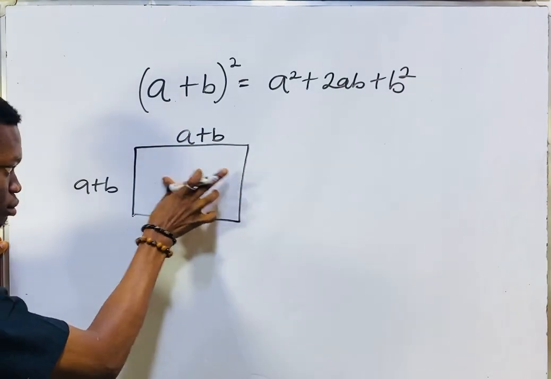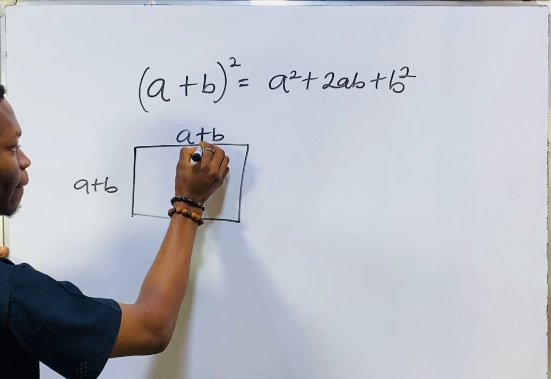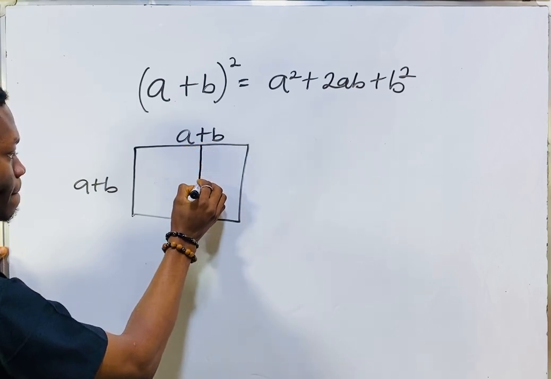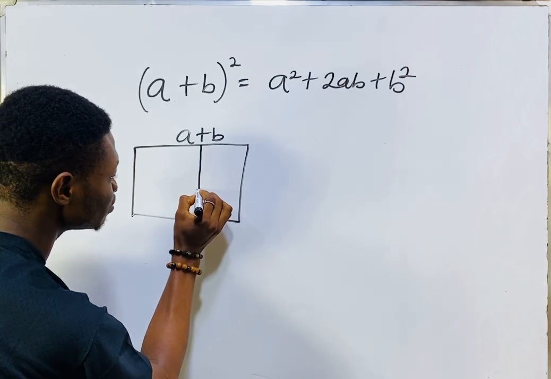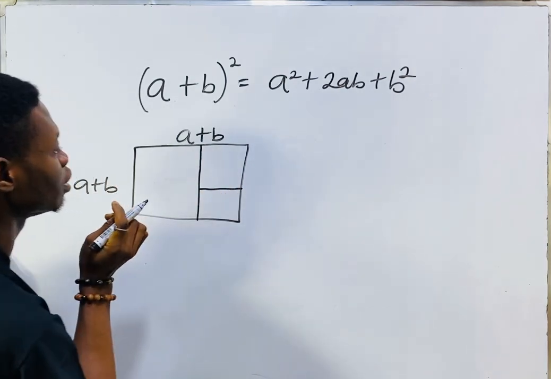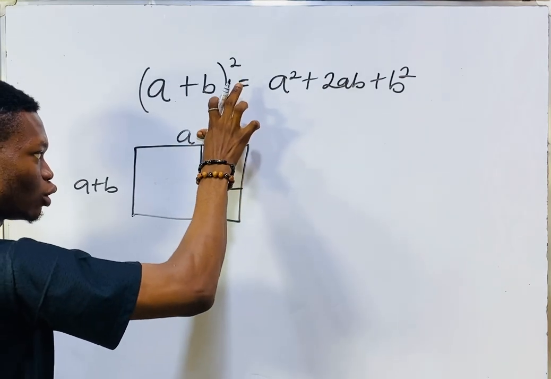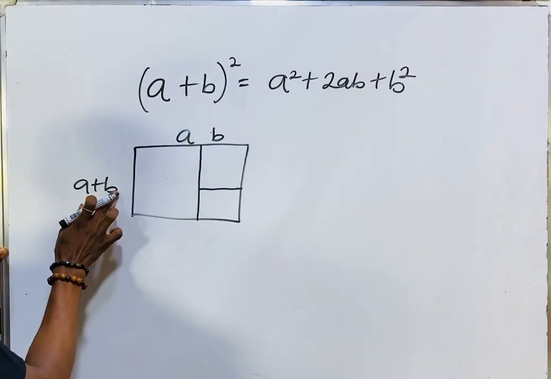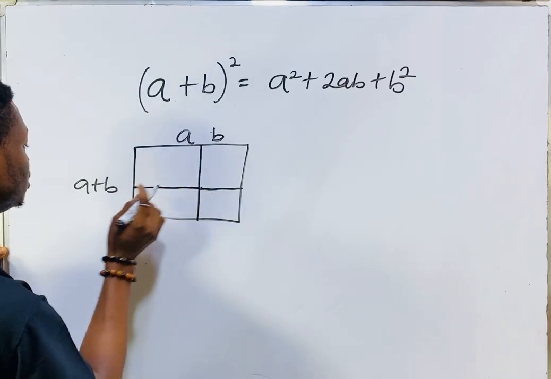Now, if I draw a perpendicular, now I have something like a square here. So when I draw a perpendicular, I can decide to put this thing like this. Let this perpendicular also go to this place.